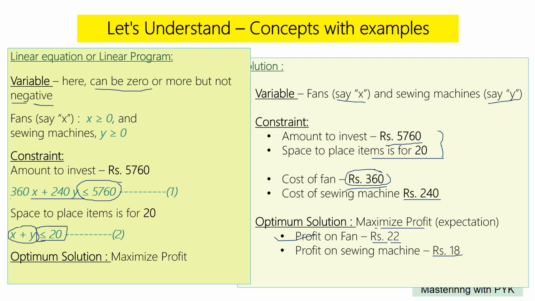And the optimum solution here is to maximize the profit. So how do we write the equation? Z will be the dealer's expected profit of 22 from the fan and 18 from selling the sewing machine. So we have three equations: one for the investment constraint, second for the space, and the third is the optimum solution.